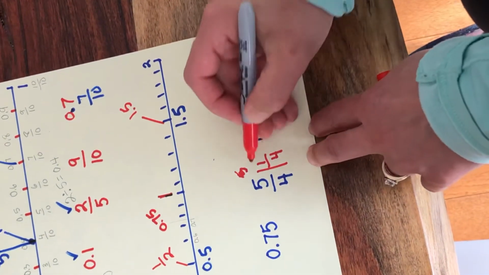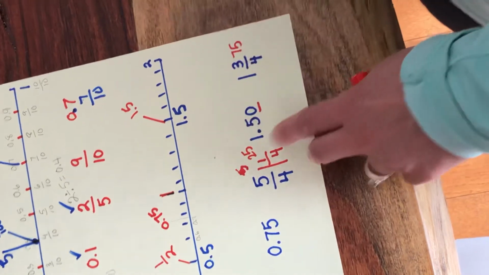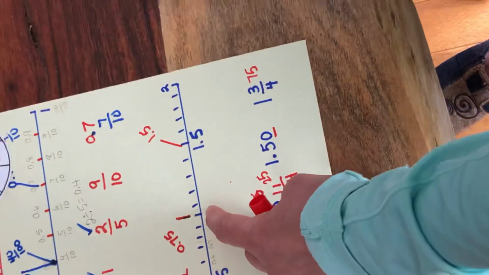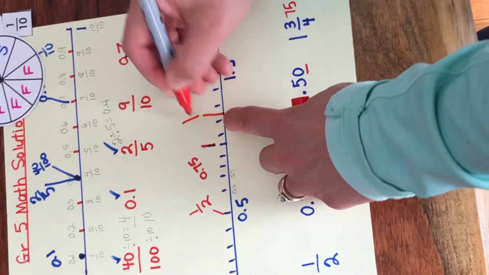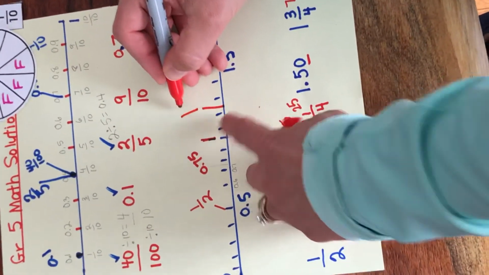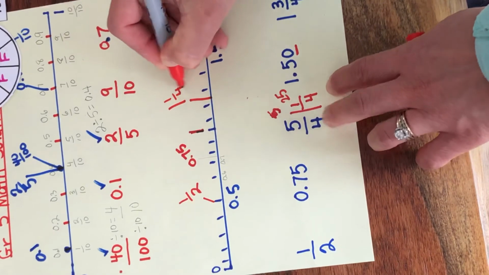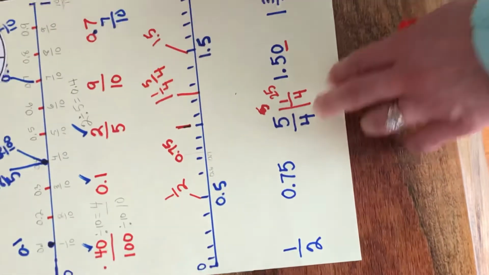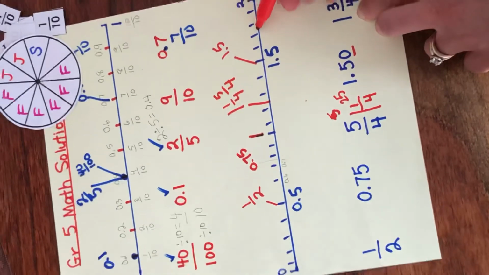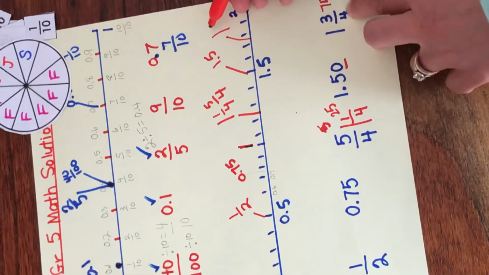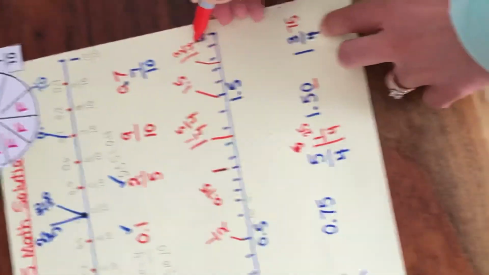And 1 divided by 4 is like 25 cents. So this would be 1.1, 1.2. This would be 1.25 or 5/4, okay? This would be 1.75, so 1.6, 1.7, 1.5, so that would be 1 3/4.